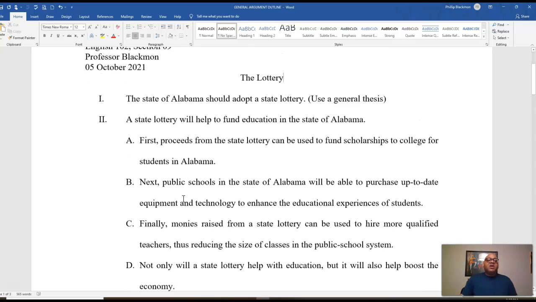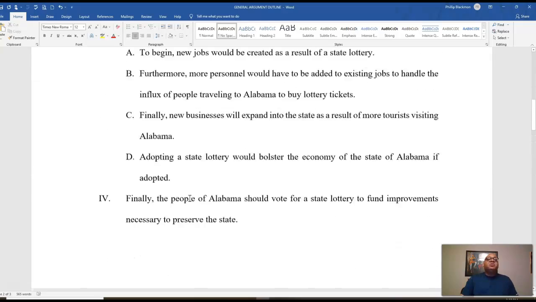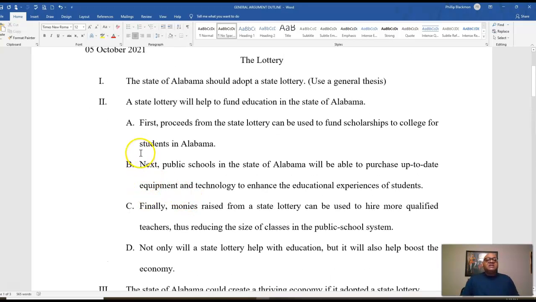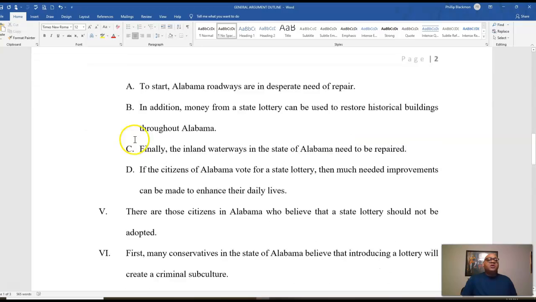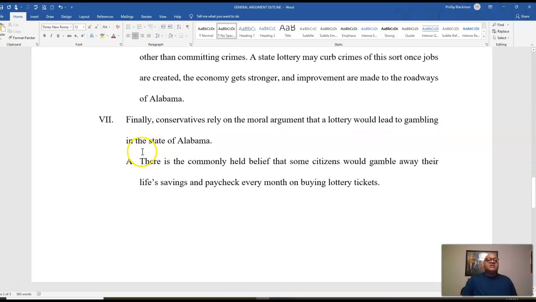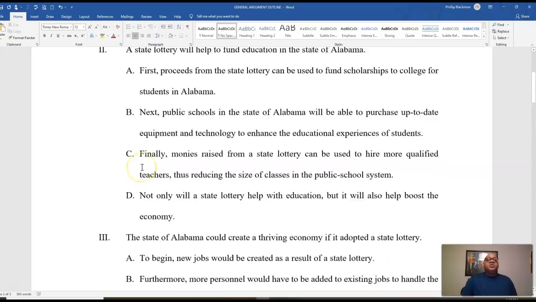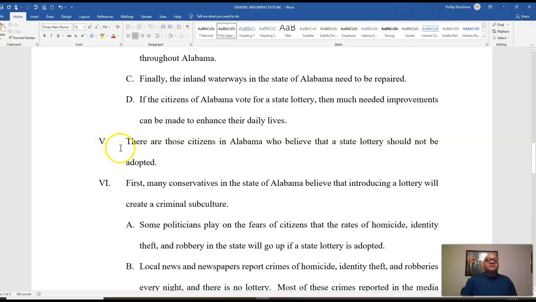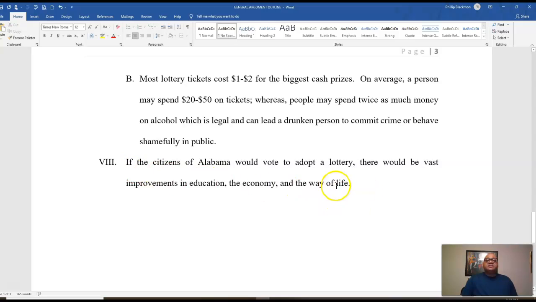You're going to give me overall 8 Roman numerals and everything has an ABC except where noted. One of the things I want you to note here, where you have the ABCD under Roman numeral number 2, 3, and 4, okay? You only have A and B under Roman numeral number 6 and A and B under Roman numeral number 7. Roman numerals number 1, number 5, and number 8 stand alone, okay?